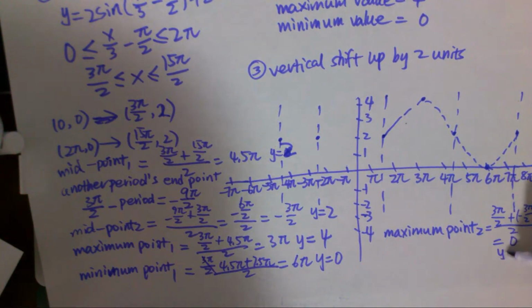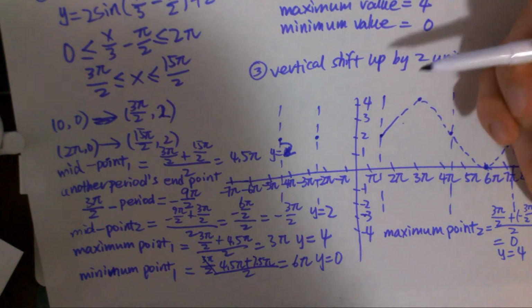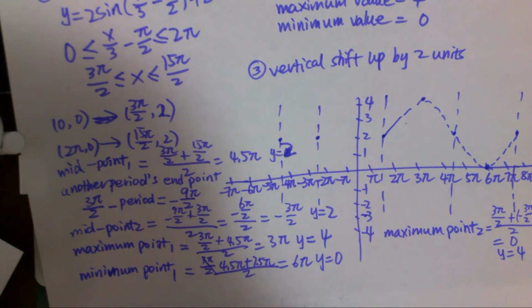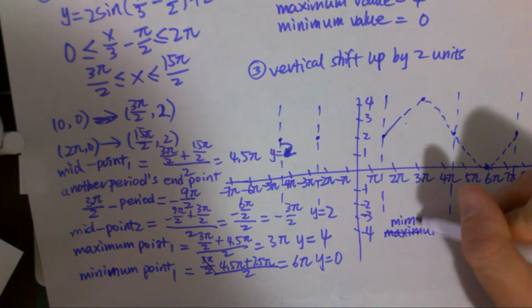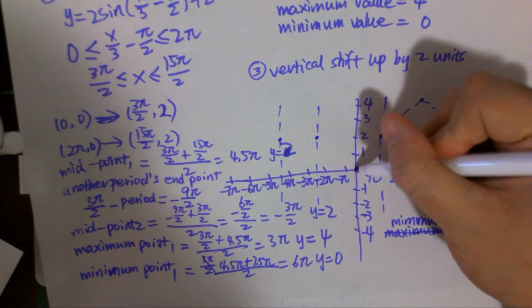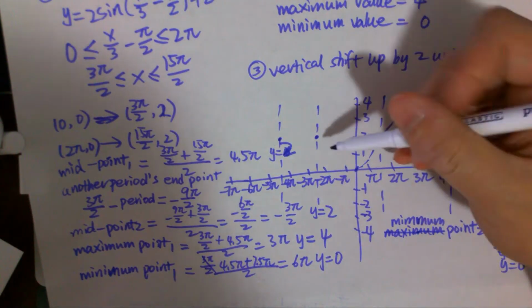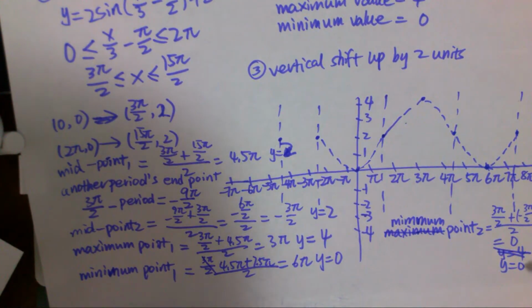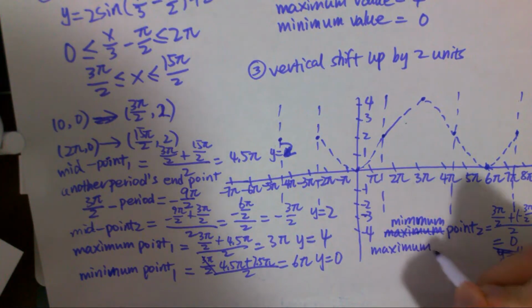Then I figured out that when I did a midpoint between negative 9 pi over 4 and 3 pi over 2, my midpoint was wrong. It's supposed to be negative 3 pi over 2. So I'm changing the midpoint first, then I'll find the mistake at negative 5 pi over 2 and change it. The midpoint I calculated is 0, but it's going to be a minimum point, so it's 0, 0. What's next is the maximum value.